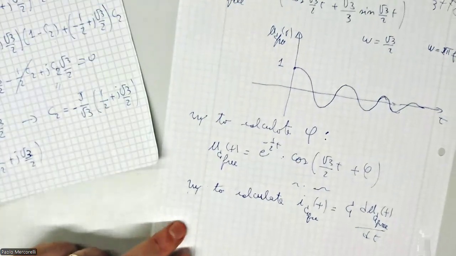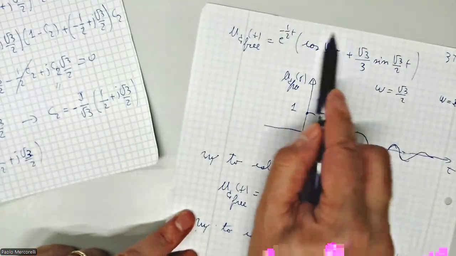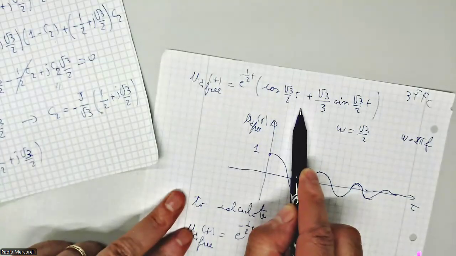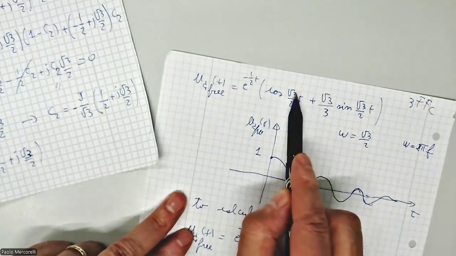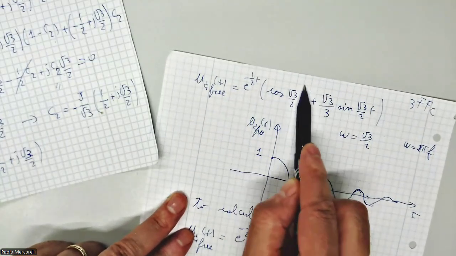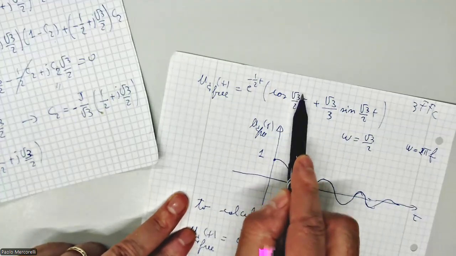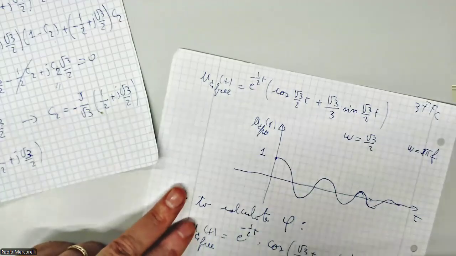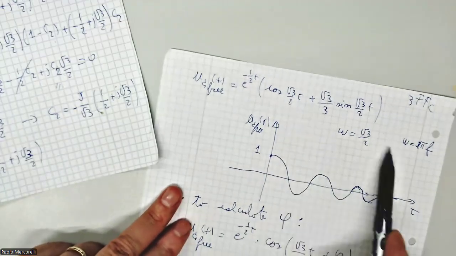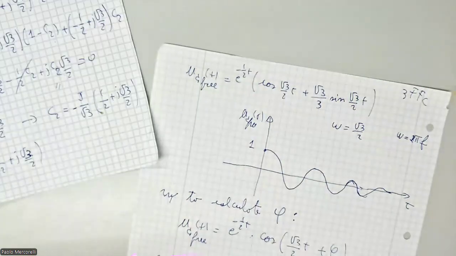Because you remember, the derivative of cosine of this argument, for instance, is minus sine of the same argument multiplied by root of 3, which changes the amplitude, but not the frequency, or pulsation.